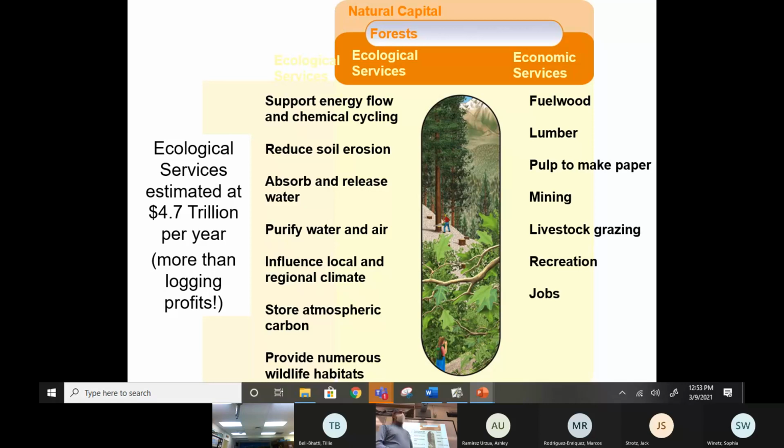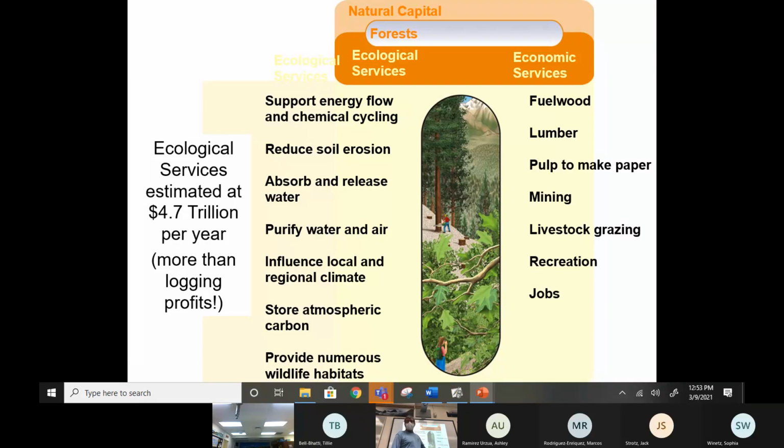I think the big idea here, I'll just say that I have seen test questions, maybe in this chapter, maybe in others, where they ask you, which of the following is not an economic service of forests? And it lists like 5 choices. 4 of the 5 come from this column.